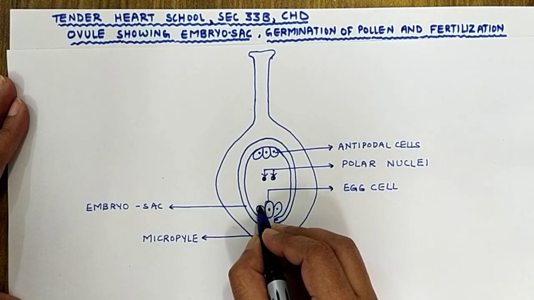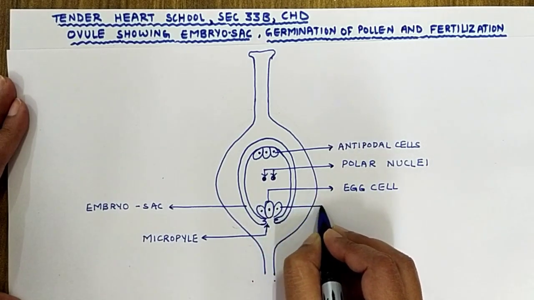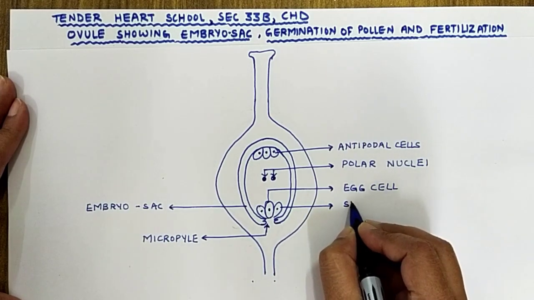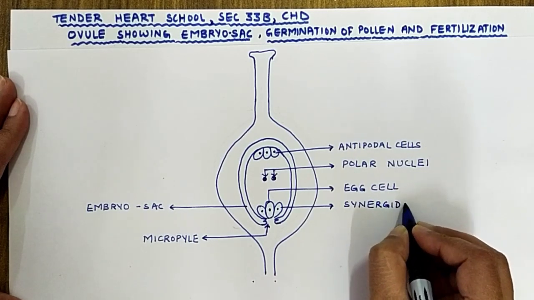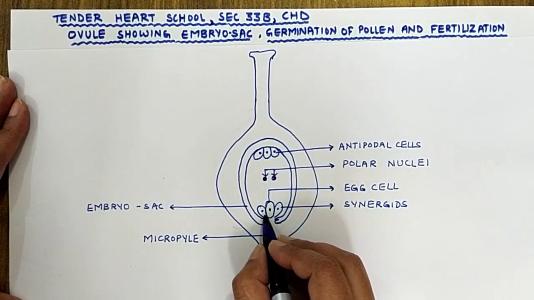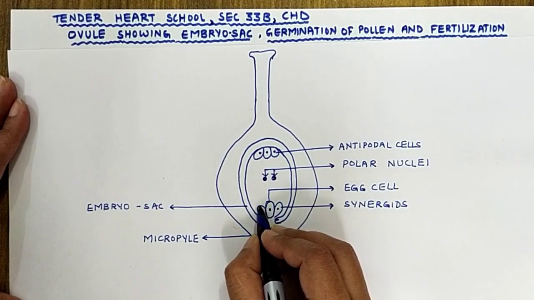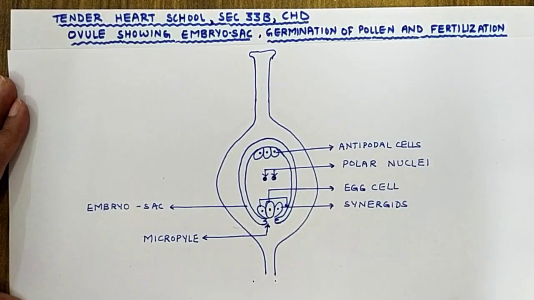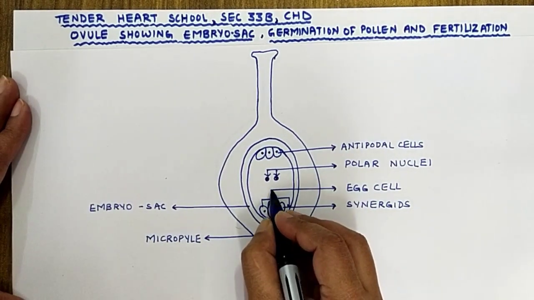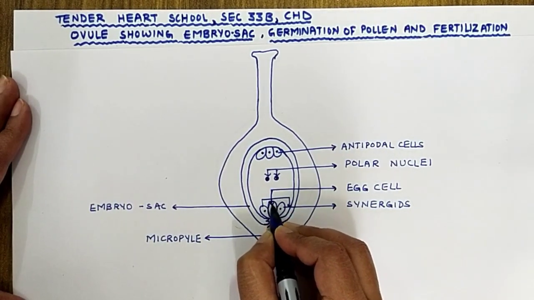And these 2 are the synergids. This one and this one, these 2 are the synergids, right? This one is the egg cell, right?